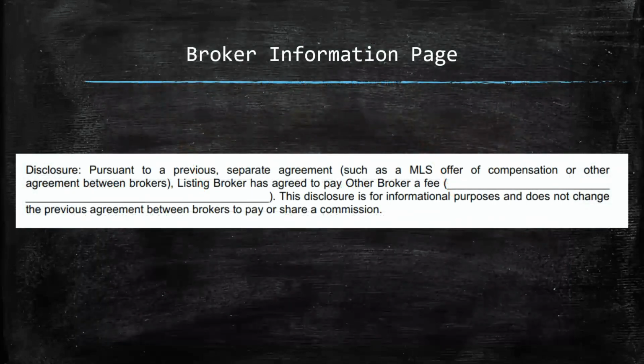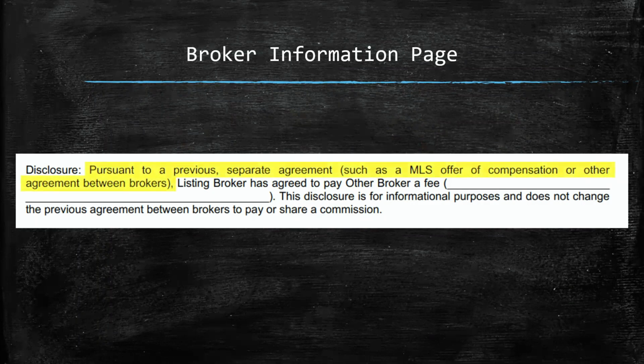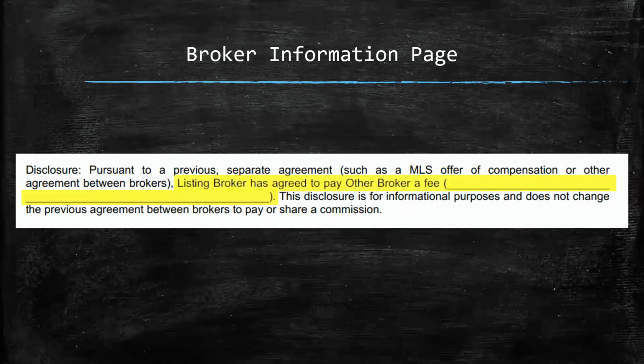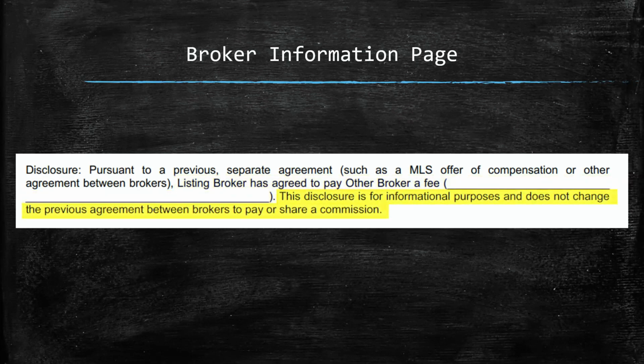As we go down to the bottom of the page, we have this disclosure statement. And what it says is, pursuant to a previous separate agreement, such as an MLS offer of compensation or some other agreement between the brokers, the listing broker has agreed to pay the other broker a fee, and you write in what that fee is. This disclosure is for informational purposes and does not change the previous agreement between the brokers to pay or to share a commission.